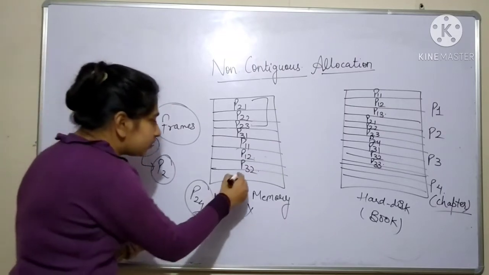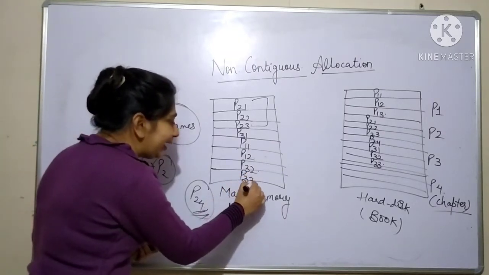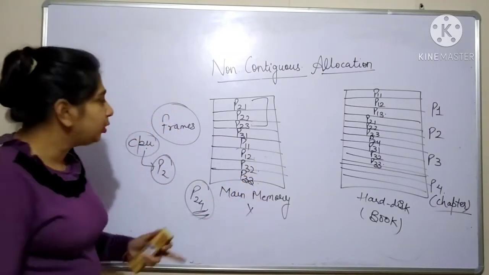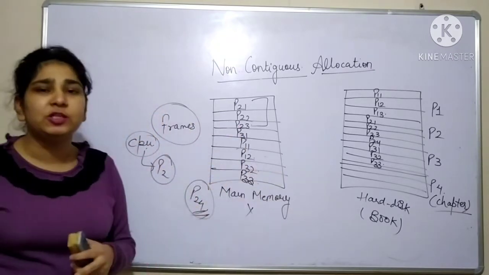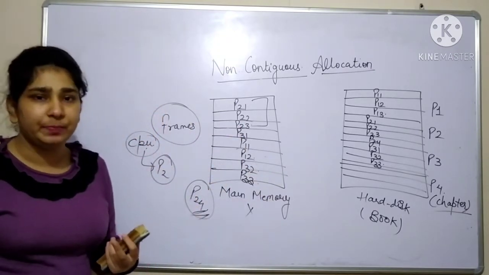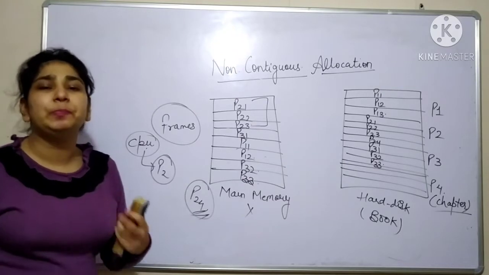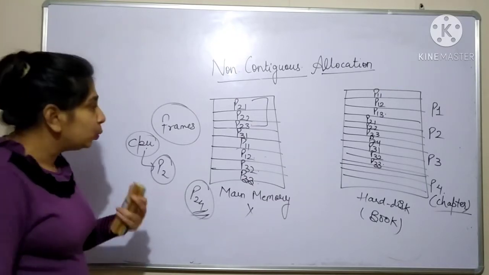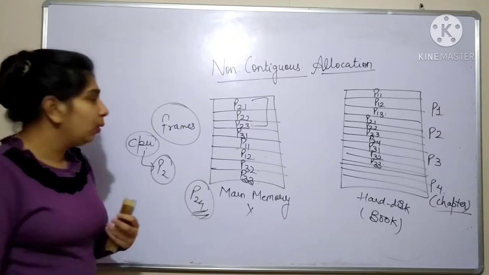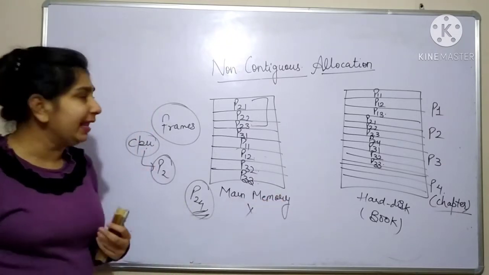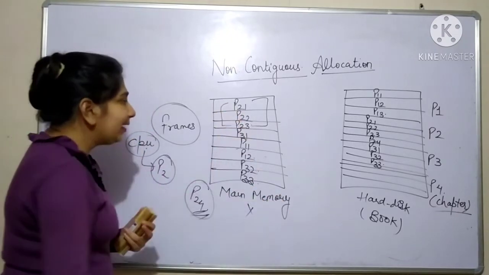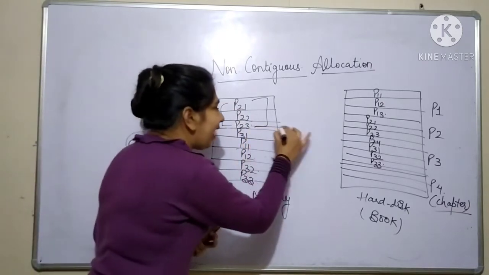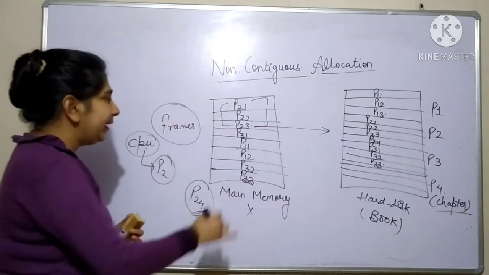Let's suppose you don't have any vacant space present in the main memory. Your main memory is completely filled. What do you have to do now? We have to swap out one page. I am going to swap out this page P23.